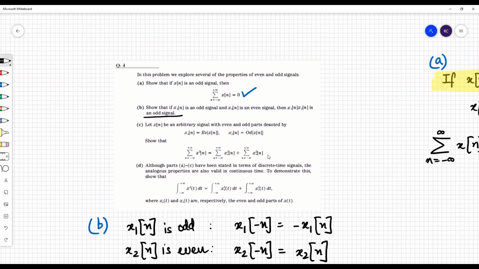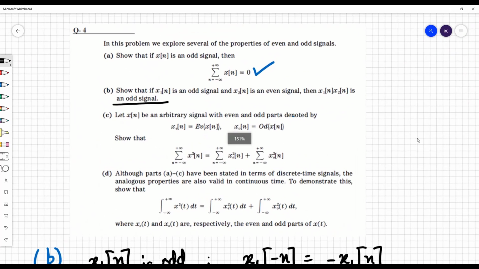Moving on, part 3 says, let x[n] be an arbitrary signal with even and odd parts denoted by x_e[n] and x_o[n] respectively, right? We need to show that if x[n] squared was summed up from minus infinity to plus infinity, this is simply equal to x_e squared summed up over the whole range plus x_o squared summed up over the whole range.